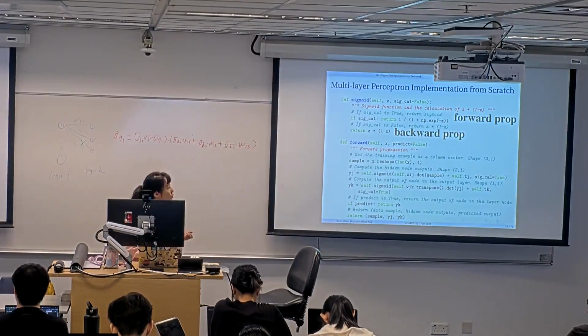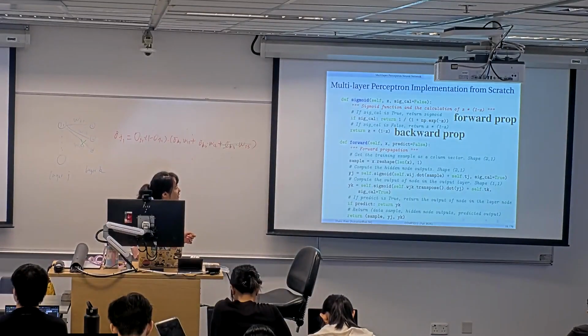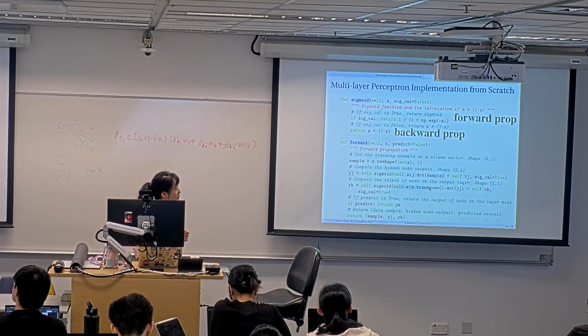So this is the forward propagation, but until now, I think possibly some of you still have confusion about why yj and yk are implemented in this way. Why do we do a dot product here? Why do we first transpose wjk and then do a dot product here?